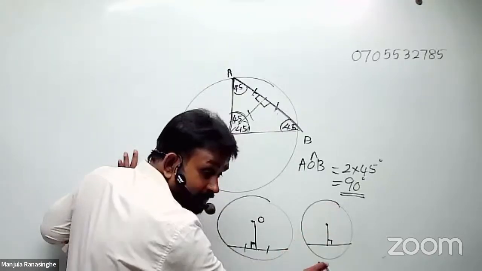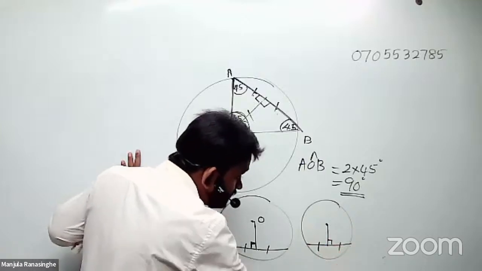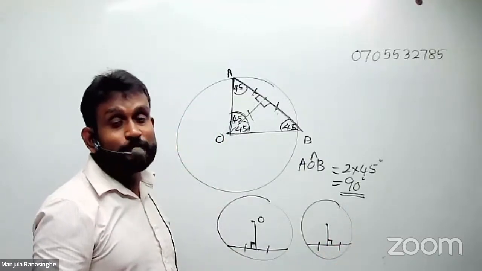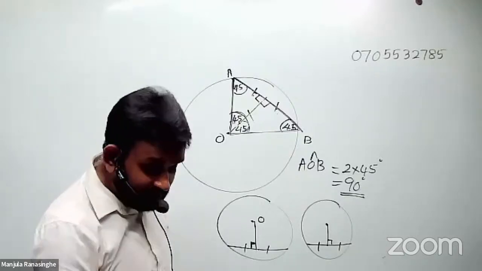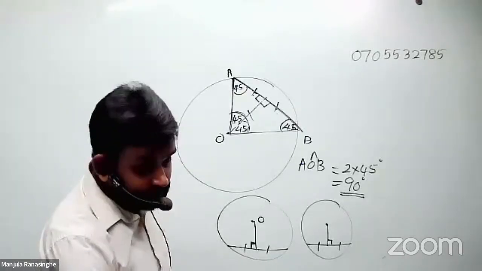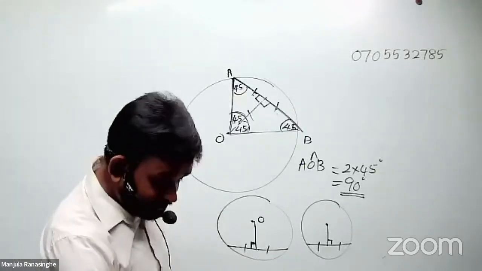Now, perpendicular drawn, then you have to mark these two with symbols as the chord is bisected. Got it? Right. That is the theorem and the converse. Okay. So that is 90.